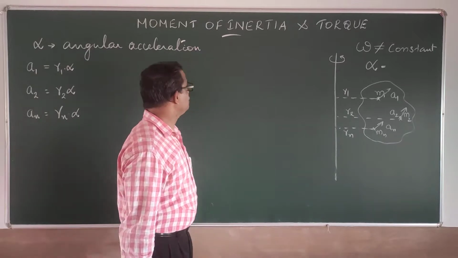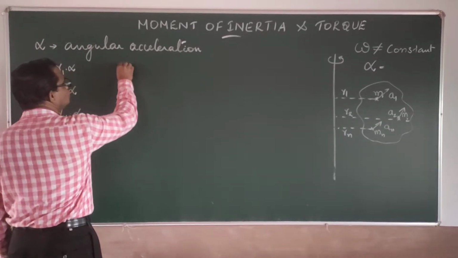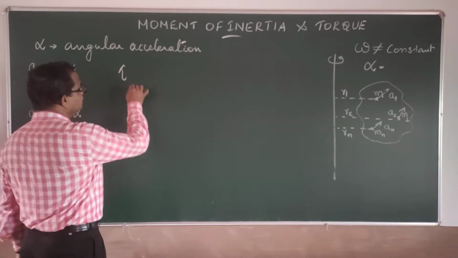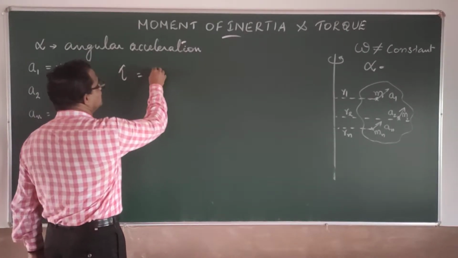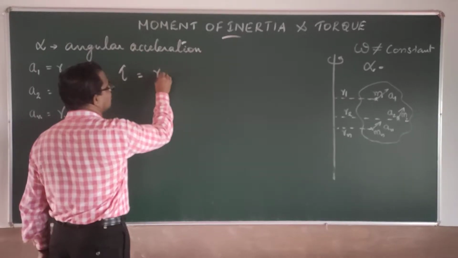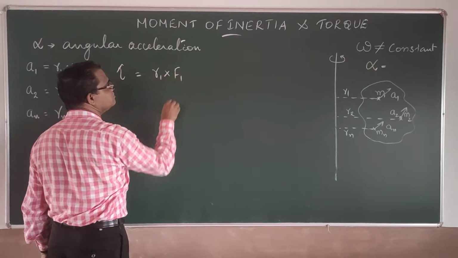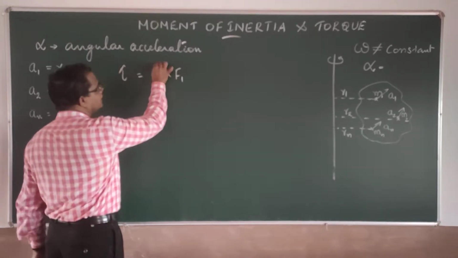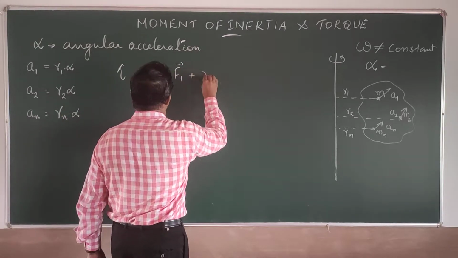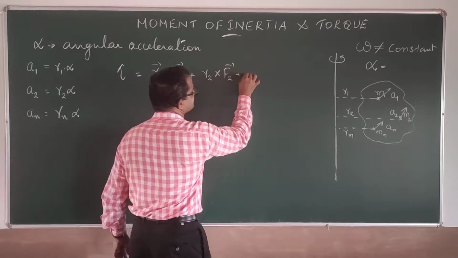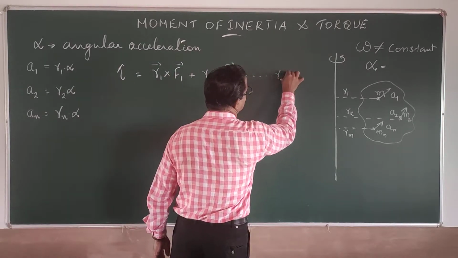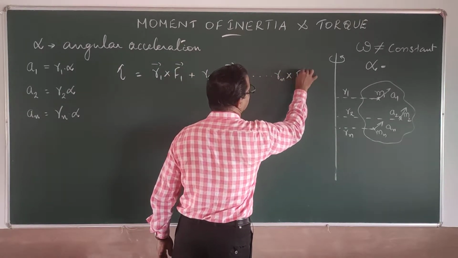Therefore, if I write the equation for torque tau, it can be written as R1 cross F1 plus R2 cross F2 plus etc. plus Rn cross Fn.